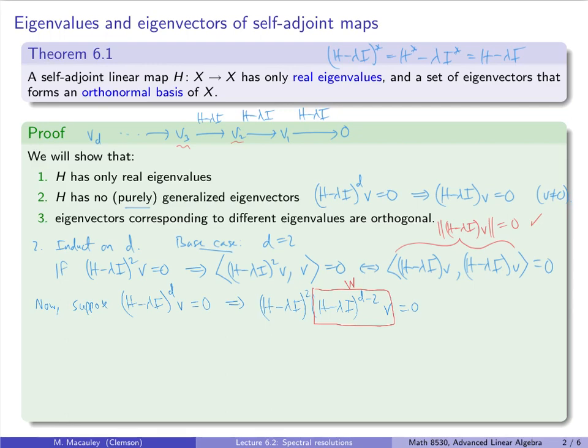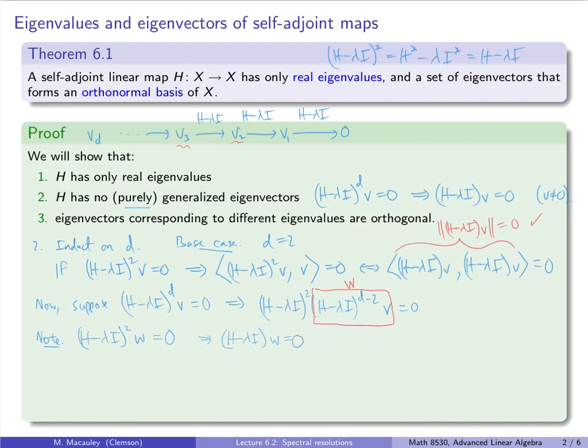So now what we have is (h minus lambda I) squared times w equals 0, and using the base case that we just proved, we know that (h minus lambda I) to the first times w equals 0.